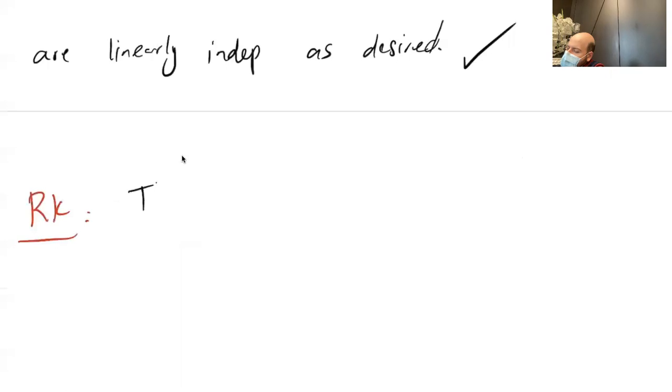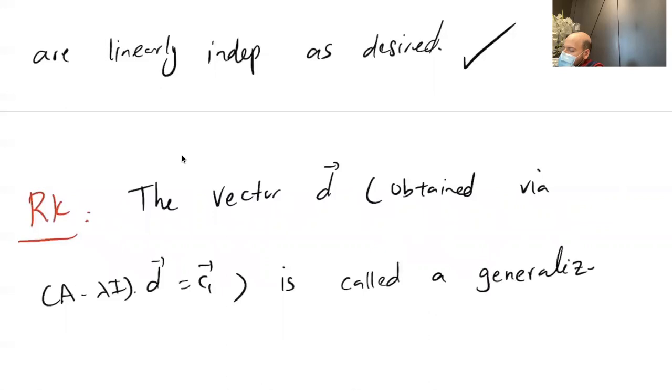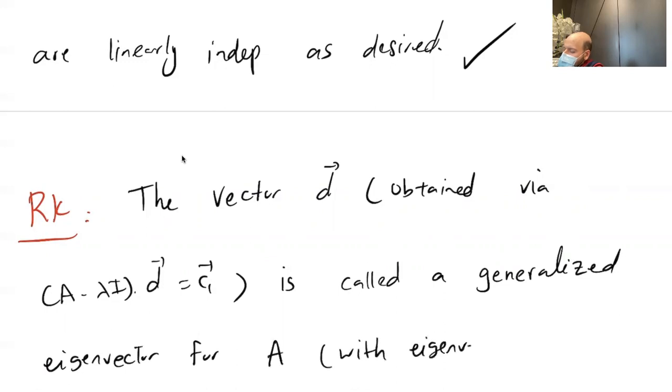The vector D, which, if you remember, was obtained via A minus lambda I times D equals C1, is called a generalized eigenvector for A with eigenvalue lambda.